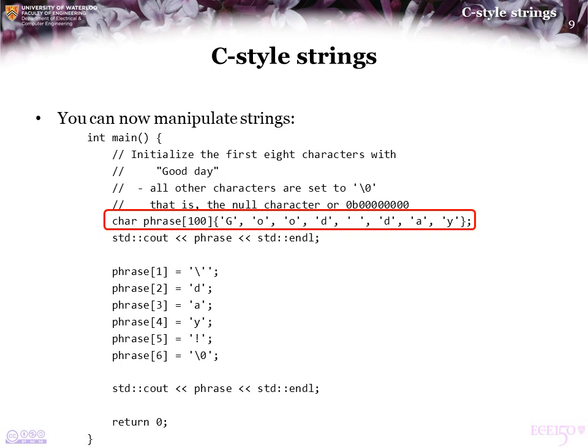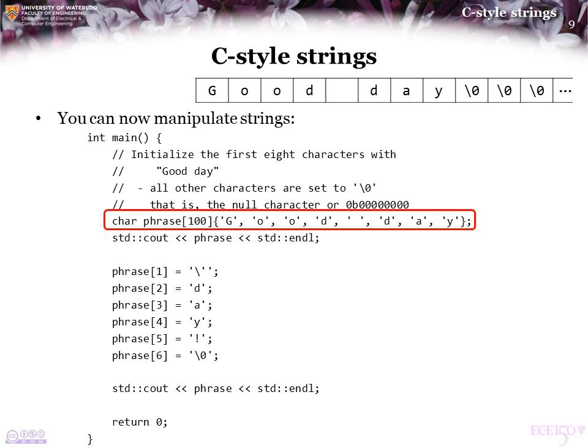The first 8 entries are the phrase good day, and all other characters are the null character. As there are more than 8 characters in the array, we're guaranteed that the character at index 8 is indeed the null character, and therefore this does represent a C-style string of length 8. So that is what the string will look like in memory.